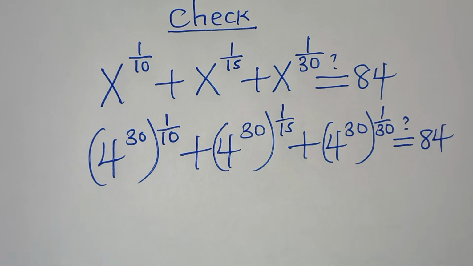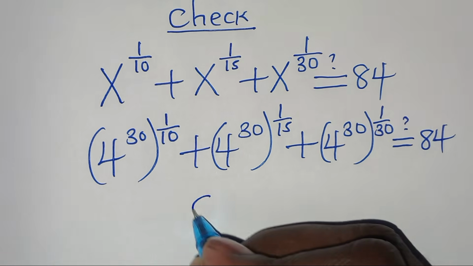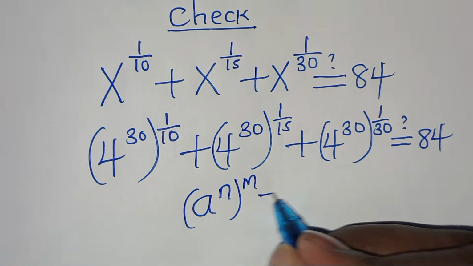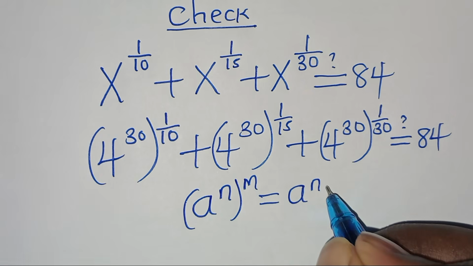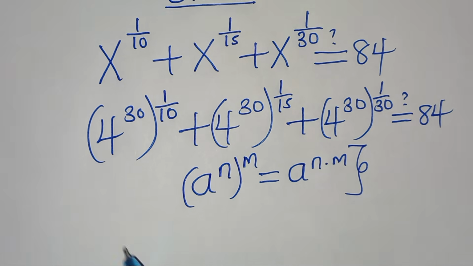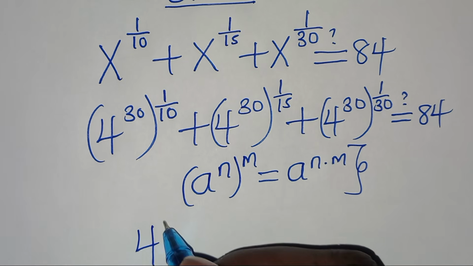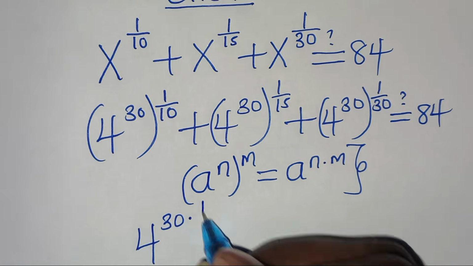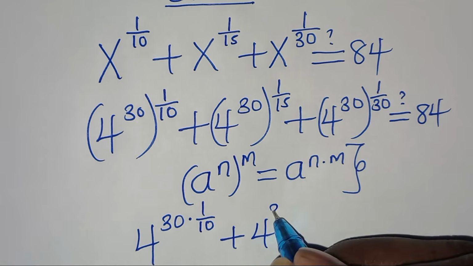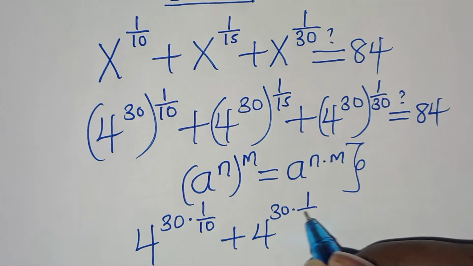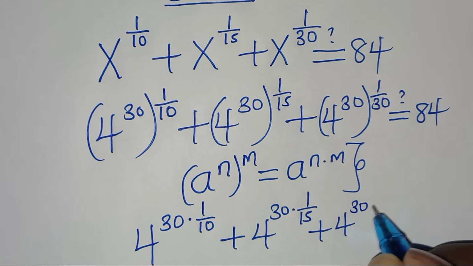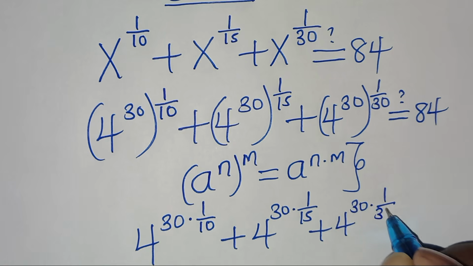Now, this is in the form of a to the power of n raised to the power of m, which we can express as a to the power of n multiplied by m. Applying this property, then we have 4 raised to the power of 30 times 1 over 10 plus 4 raised to the power of 30 times 1 over 15, then plus 4 raised to the power of 30 times 1 over 30.